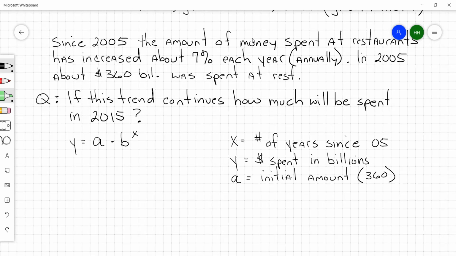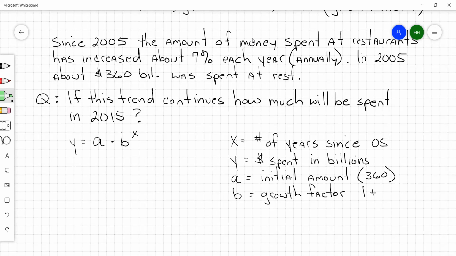All right, and our b, that's our growth factor. Like we said, it is going to be 1 plus. That's the key right there.